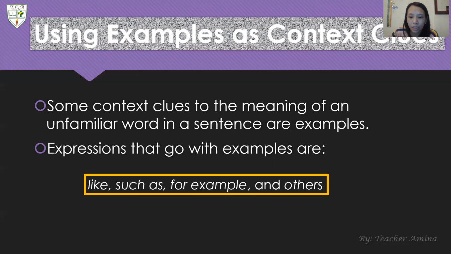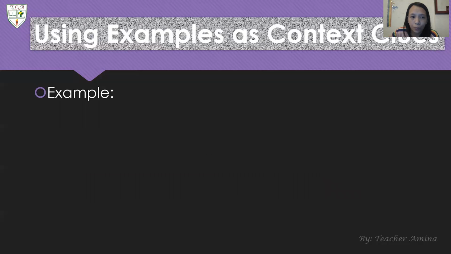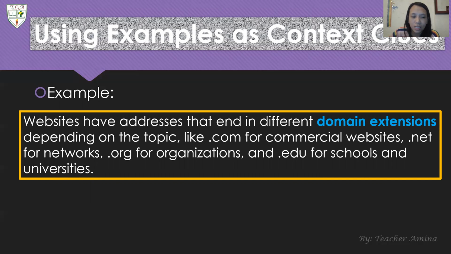Let me break it down to you with this example. Websites have addresses that end in different domain extensions, depending on the topic, like .com for commercial websites, .net for networks, .org for organizations, and .edu for schools and universities. So what is the meaning of the word domain extension?